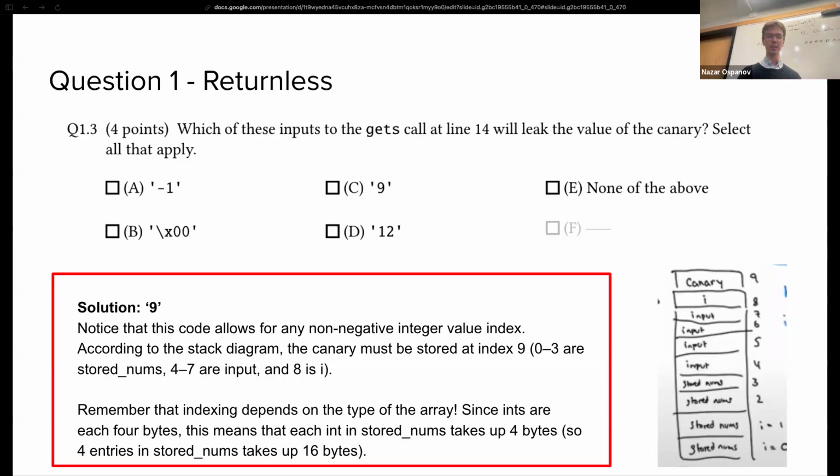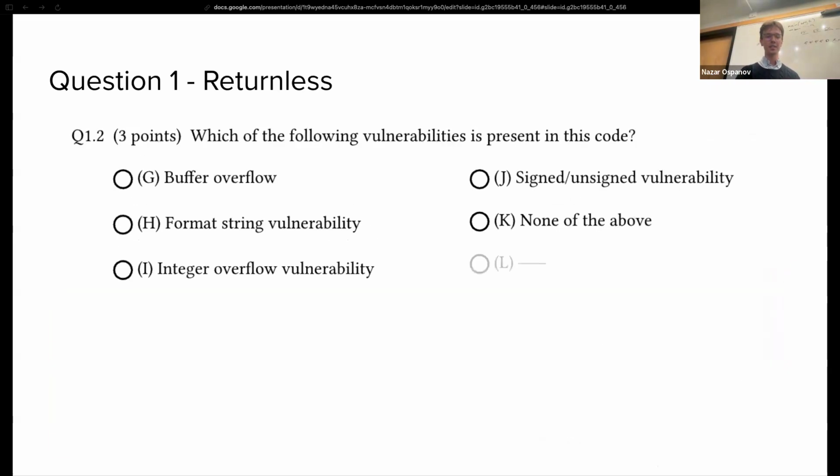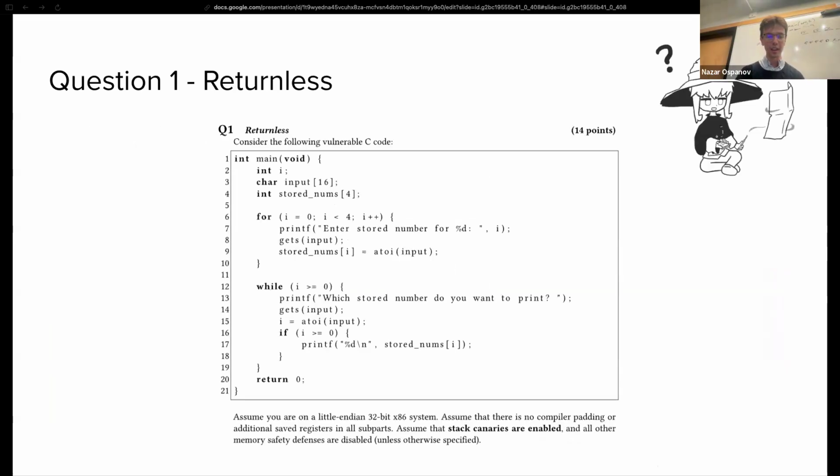The main vulnerability comes from this while loop: we're providing the input into the gets call, then we're converting whatever we have received into an integer. In this case, the one is going to be 9.